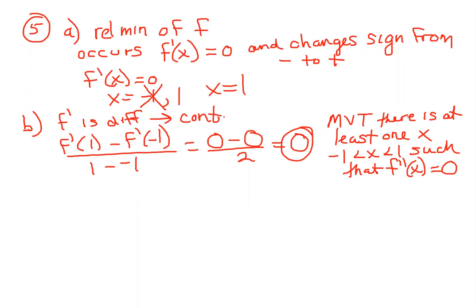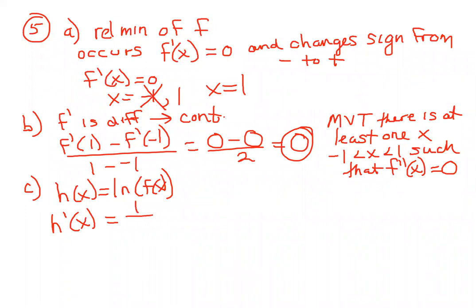All right, part C. Now we have a new equation. The function h is defined as ln of f of x. Find h prime of 3. All right, so they're testing your chain rule. H prime of x, the derivative of ln is 1 over f of x, because that's what's inside, times the derivative of what's inside.